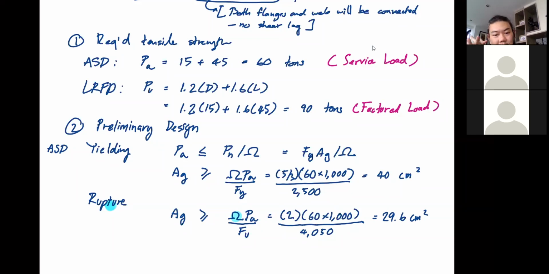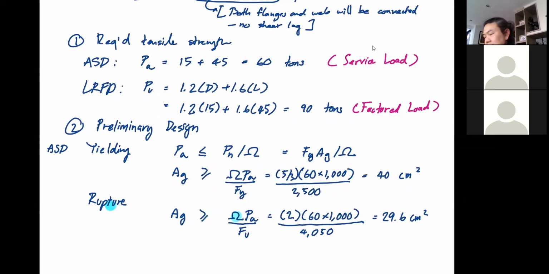Before I go into the LFD, I want you to notice a few things. First of all, when you don't have any holes or any reduction of the area, it's only natural that the rupture would occur after the yielding, right?